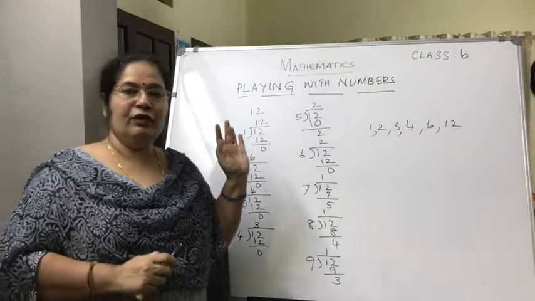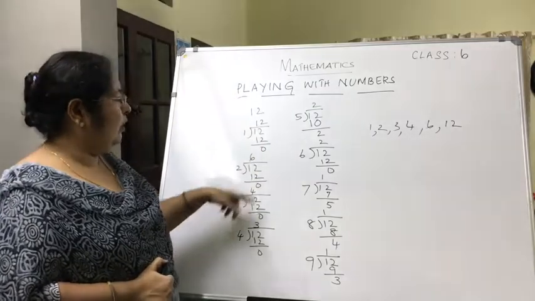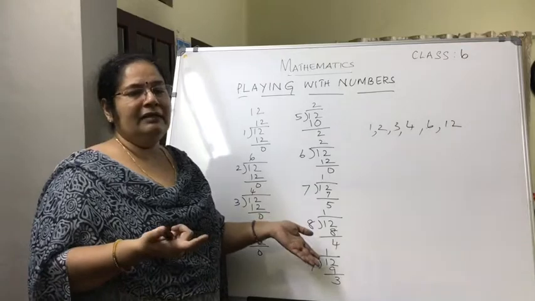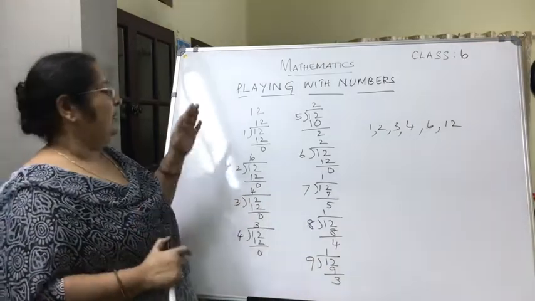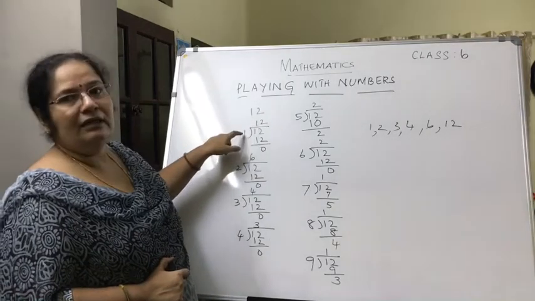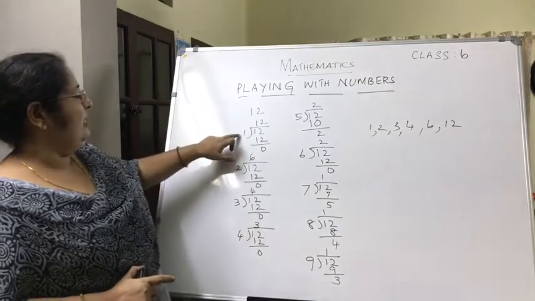Is it clear how you are finding the factors? To find the factors, you will go on dividing. From 1 to 9, by that time you will have all the factors. And whenever you get the remainder 0, both the quotient and the divisor will be the factors. So here 1 and 12.